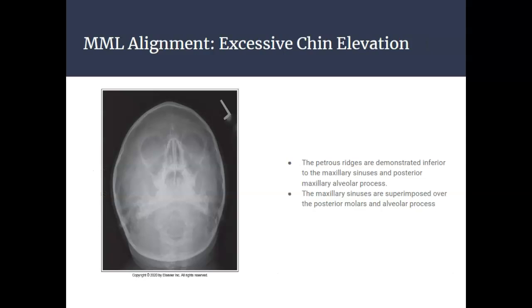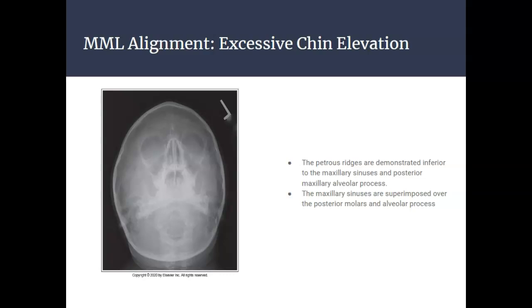And again, we are looking at this image as just the opposite. We're looking at the relationship of the petrous ridges and where they are in the sinuses and their relationship to the posterior maxillary alveolar process.